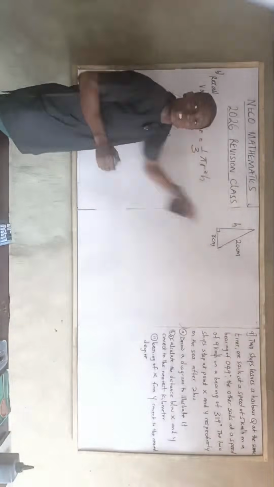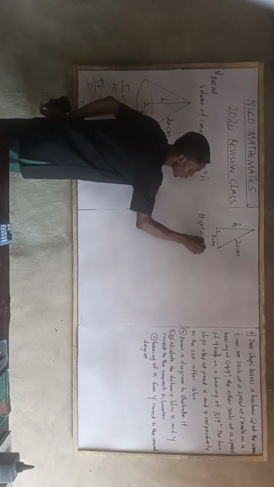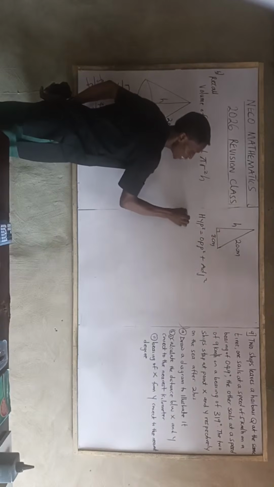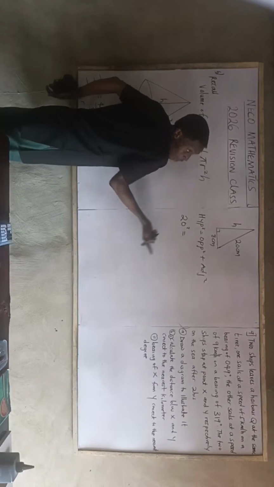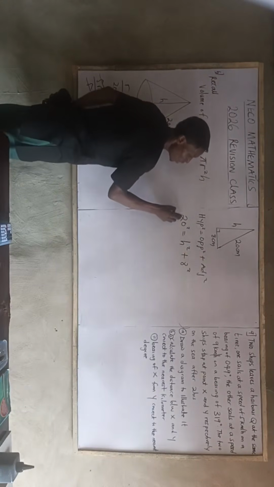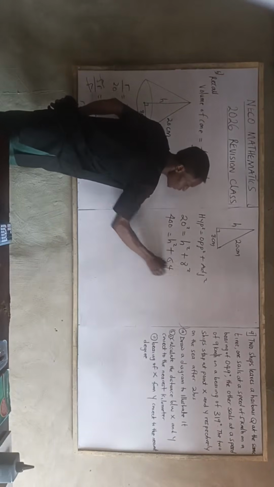Now I'm finding H using Pythagoras theorem that says that hypotenuse square equal to opposite square plus adjacent square. So what's the hypotenuse there, everybody? 20 square, and opposite here, either of these two can serve as the opposite. So let me go with H square, plus adjacent as what? 8 square. So we've got 400 equals H square plus 64.